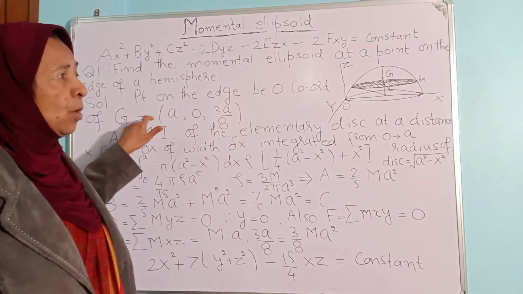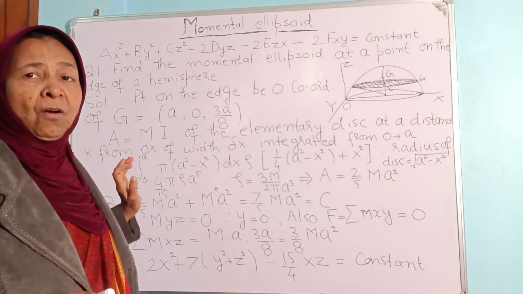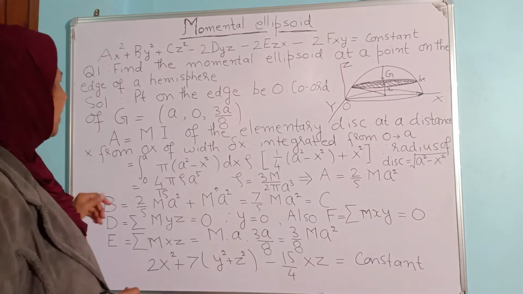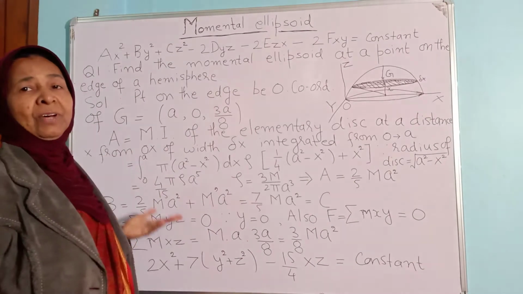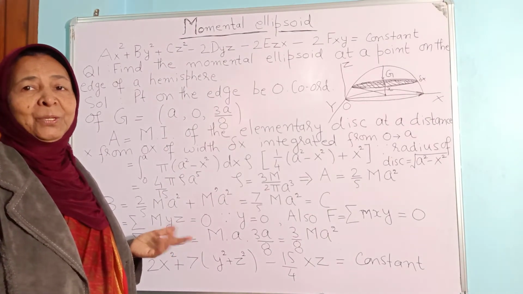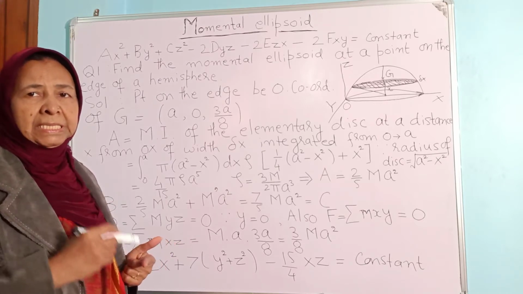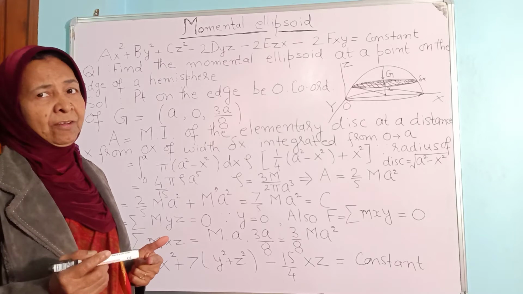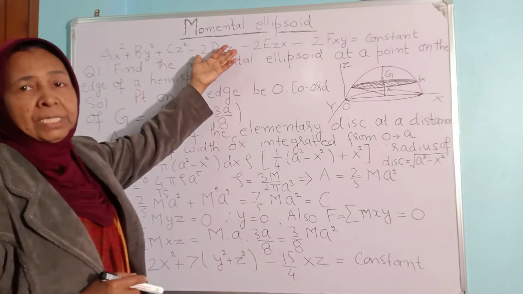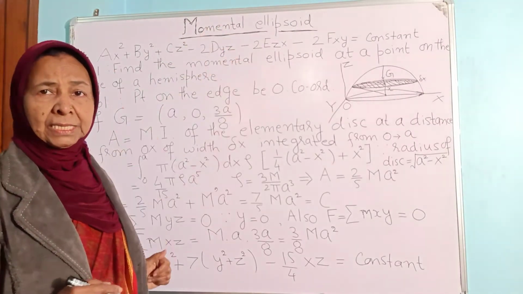So these are the coordinates of the center of gravity. Okay. Now let us work out. You know the procedure. First we will calculate A, B, C, D, E, F, and then put all these quantities here. We will get the required result.